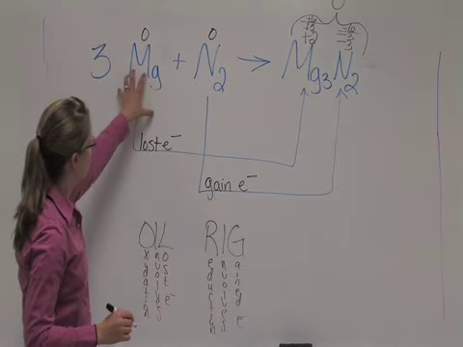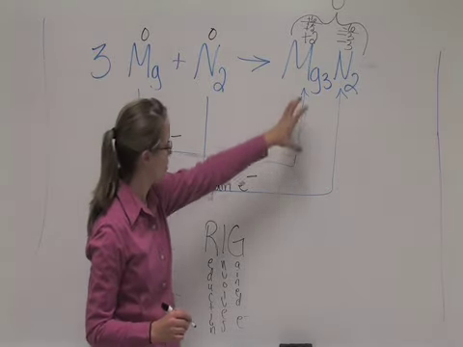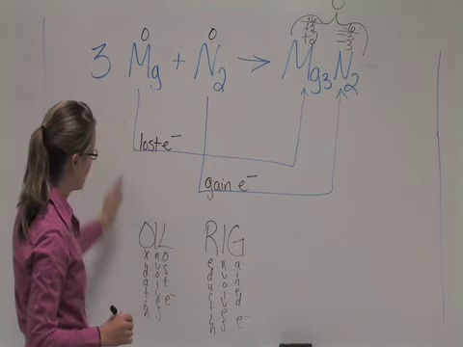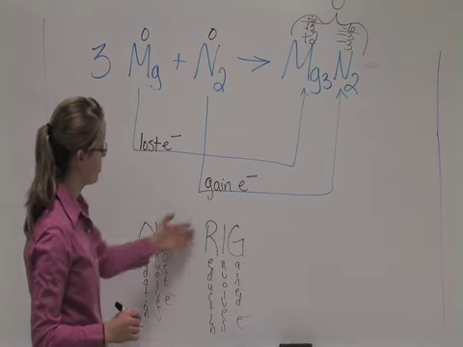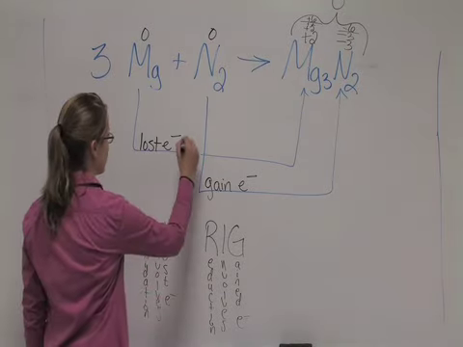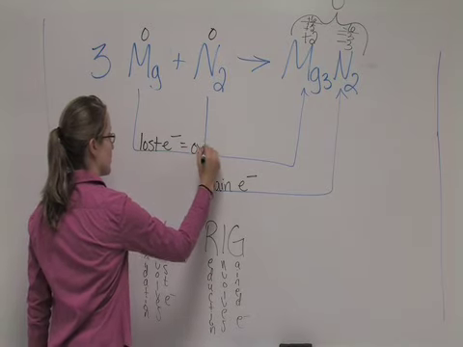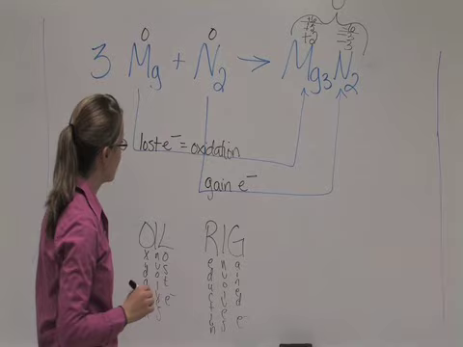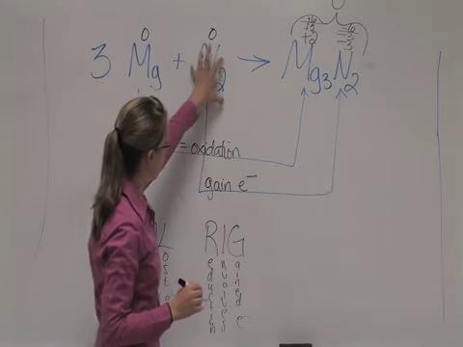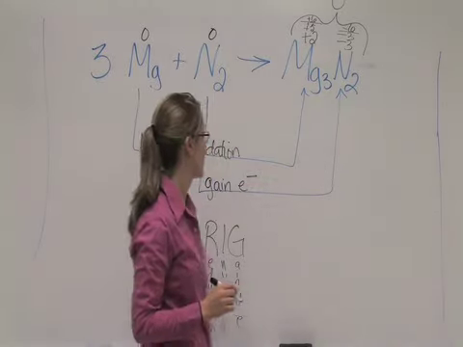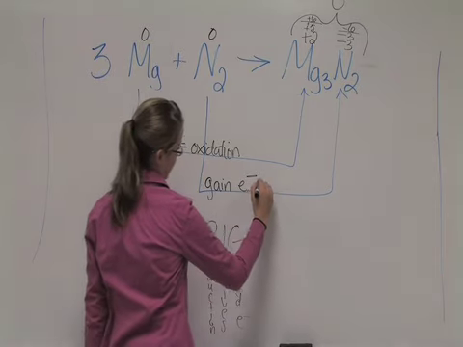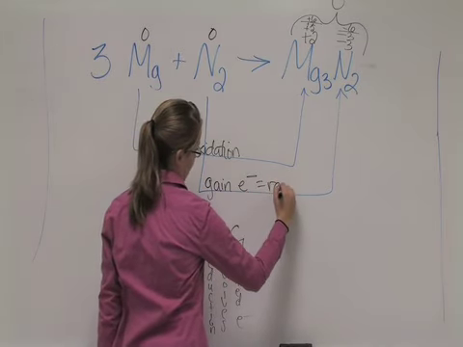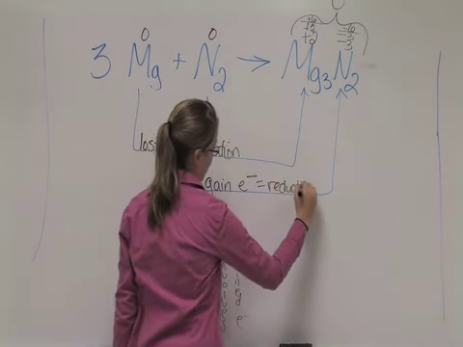So if magnesium lost electrons, did it go through the process of oxidation or the process of reduction? And if nitrogen gained electrons, it went through the process of reduction.